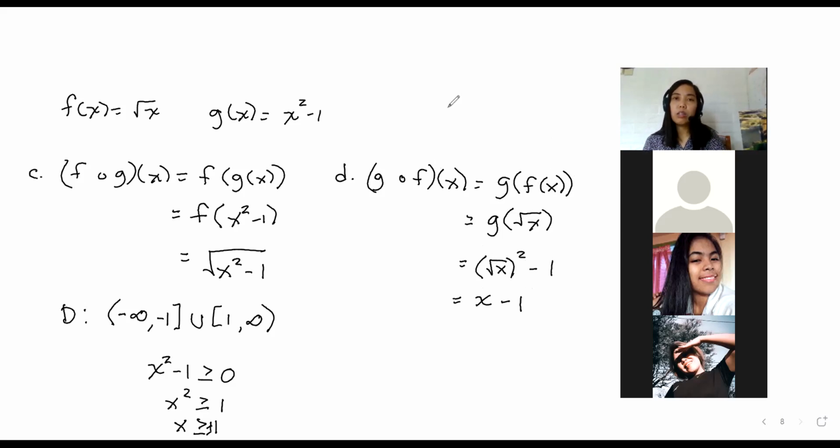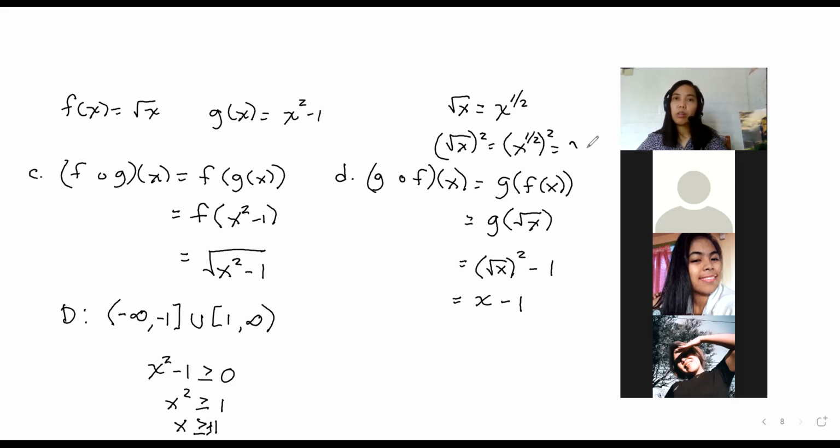Because class, sabi ko nga kanina, square root of x, that is also equal to x raised to 1/2. So it means that this one, we will have x raised to 1/2, the square root of x raised to 1/2, and 2 times 1/2. For law of exponent, you just multiply 2 by 1/2.